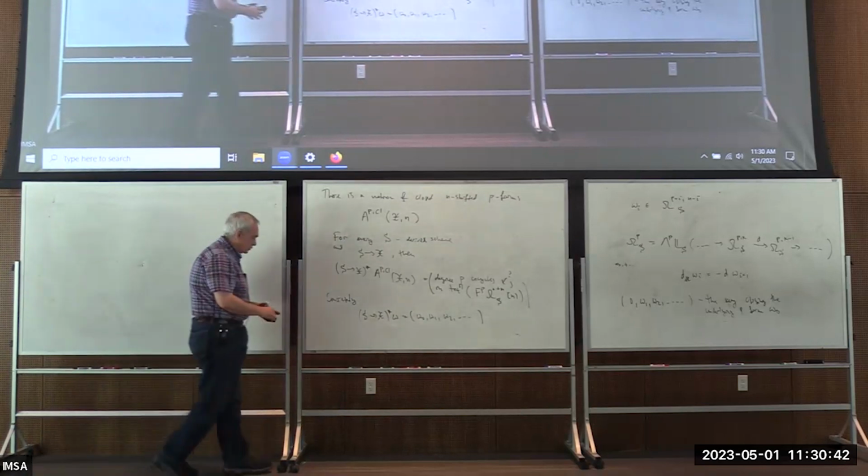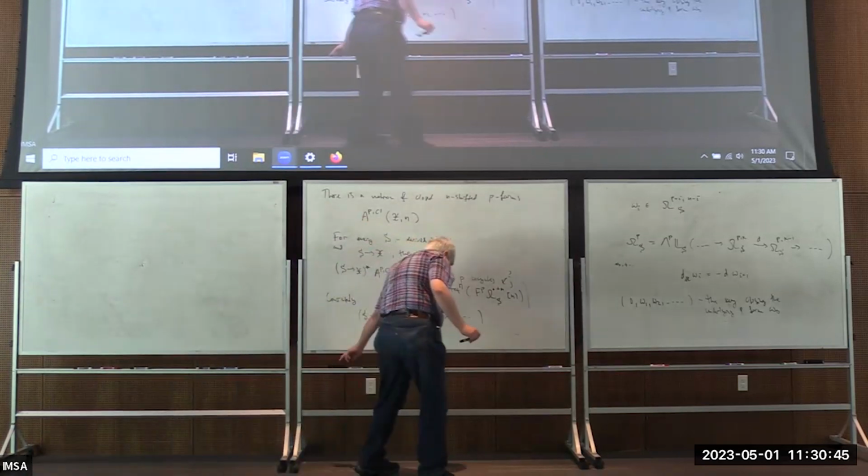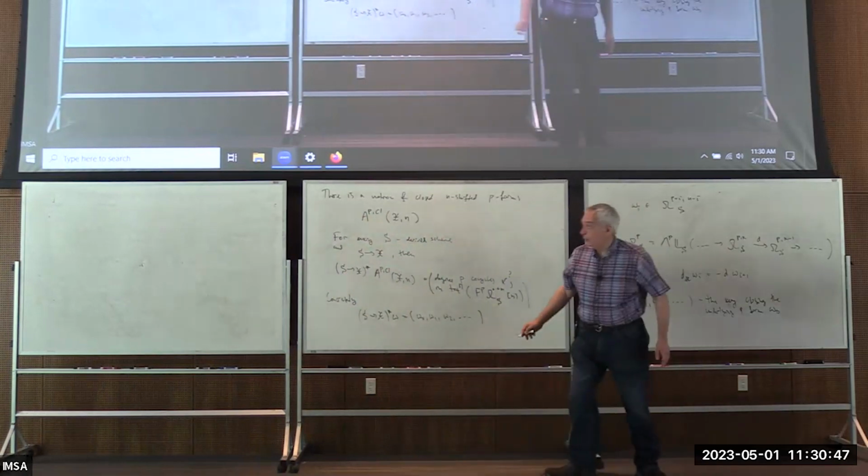And so a symplectic form on a derived stack is a closed two form.